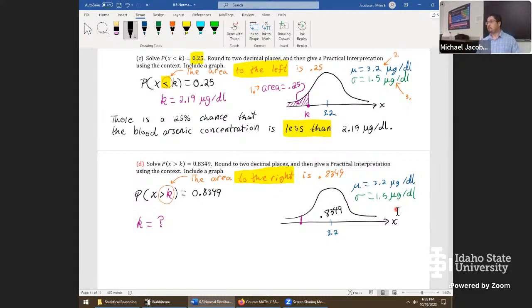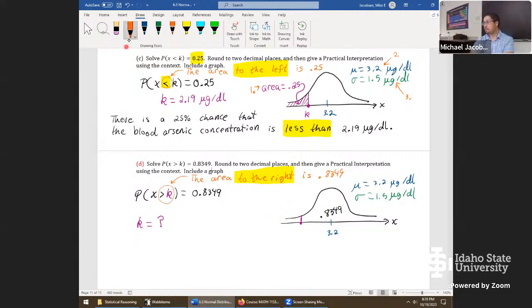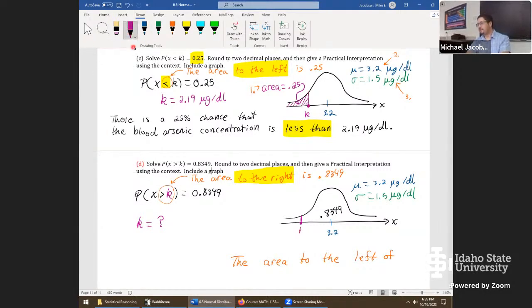For most calculators, again, the mantra for this is it's area to the left always, no matter what, when it's an inverse norm problem. Let's put a big comment on this one. The area, not to the left of the value there, to the left of the K. I forgot to actually write in K when I put in that line.